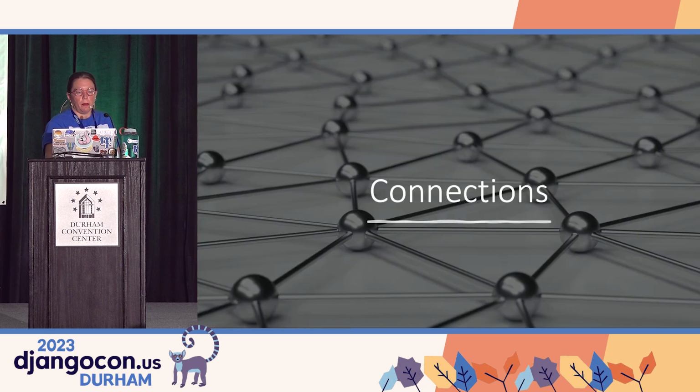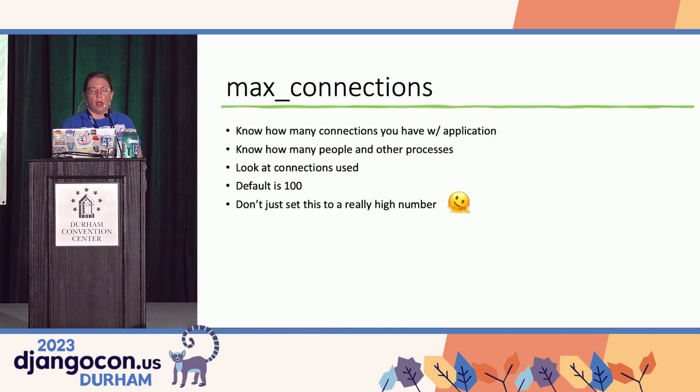And let's talk a little bit about connections, right? So the individual pieces that come into the database are going to affect how your database operates. Postgres has a max number of connections that it will allow into the database, so you can run out of connections.